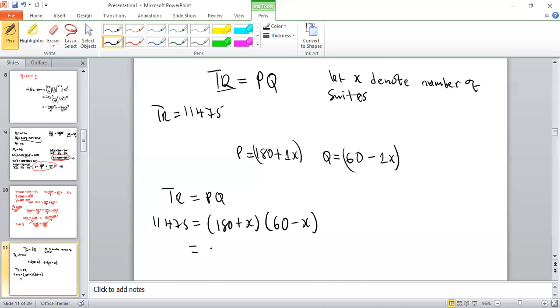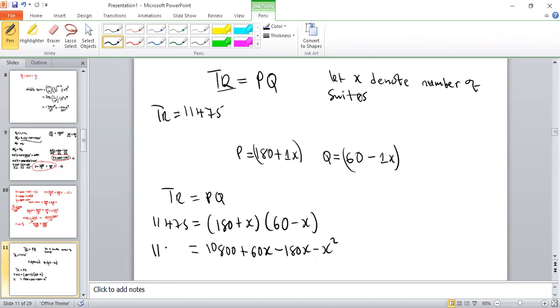What is 180 times 60? 10,800. Then we have plus 60x minus 180x, then minus x squared.